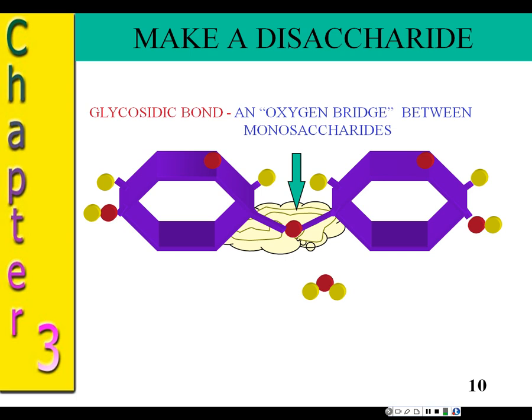It says the characteristic bond that we're going to find in carbohydrate molecules is a glycosidic bond. So every carbohydrate molecule, whether you're doing a disaccharide or a polysaccharide like glycogen, is still going to have those glycosidic bonds. Depending on what kind of enzyme made this particular molecule, alpha glucosidase is an enzyme that's going to bond alpha glucose molecules together.